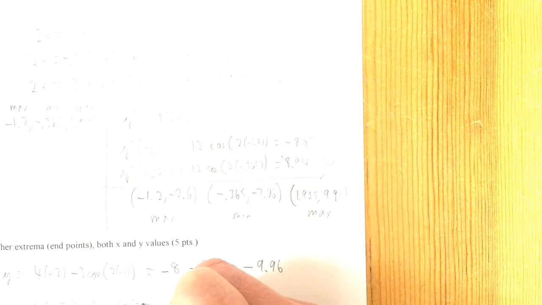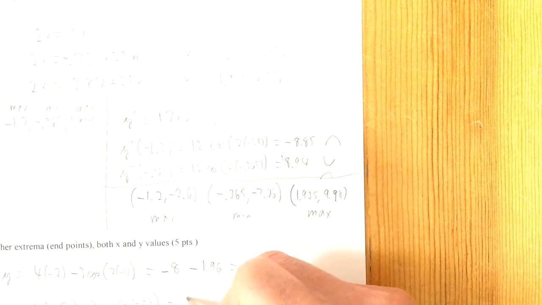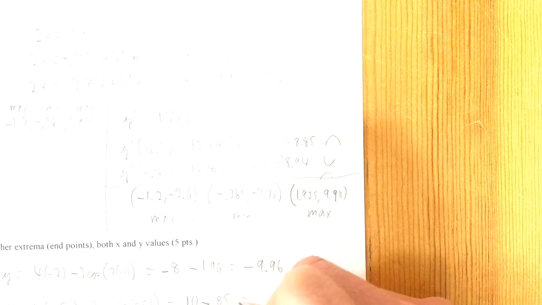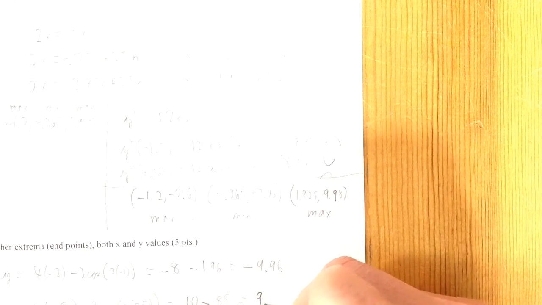And when x is equal to 2.5, y is 4 times 2.5 minus 3 times cosine of 2 times 2.5, which is 5. So what's cosine of 5? That times 3. So I get, that's 10 minus 0.85, which is 9.15.